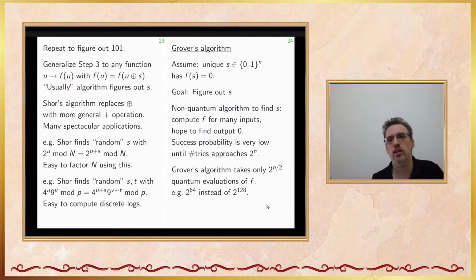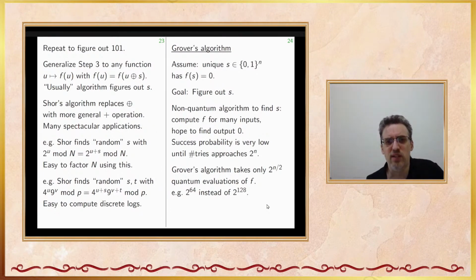Instead of 2 to the n, it's down to 2 to the n over 2, which was the cost before for the birthday paradox to find a collision. But now this is finding one unique s which has f of s being 0. And Grover does that in only the square root of 2 to the n, which is not as dramatic as Simon's algorithm or Shor's algorithm, but it's still a big change.